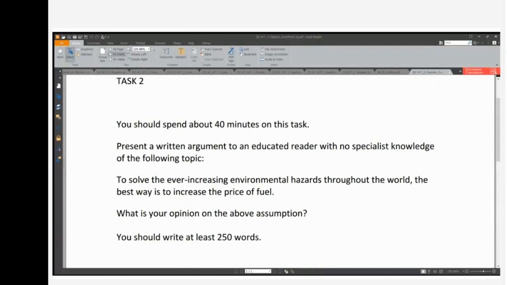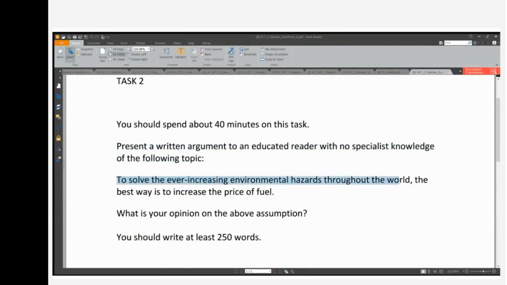Present a written argument to an educated reader with no specialist knowledge on the following topic. So you have to write an essay for an educated reader with no specialist knowledge on the topic that is given to you. And the question here says, to solve the ever increasing environmental hazards throughout the world, the best way is to increase the price of fuel.